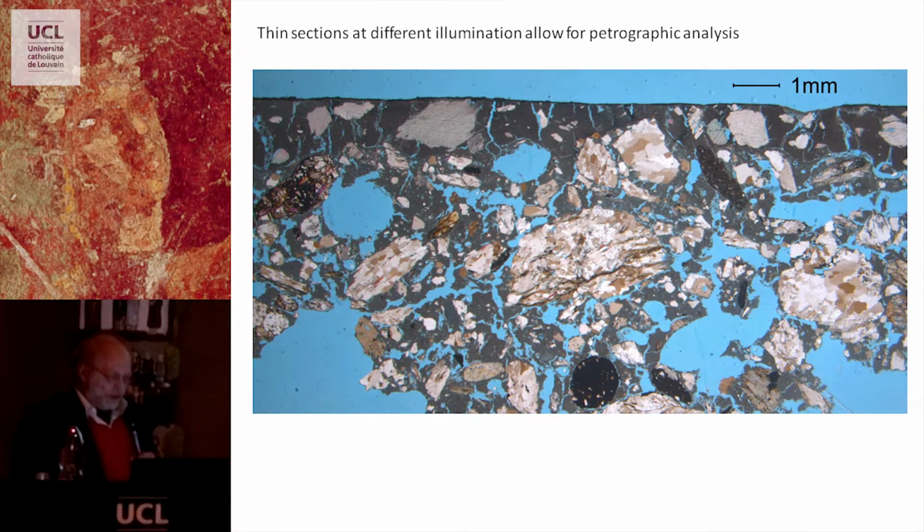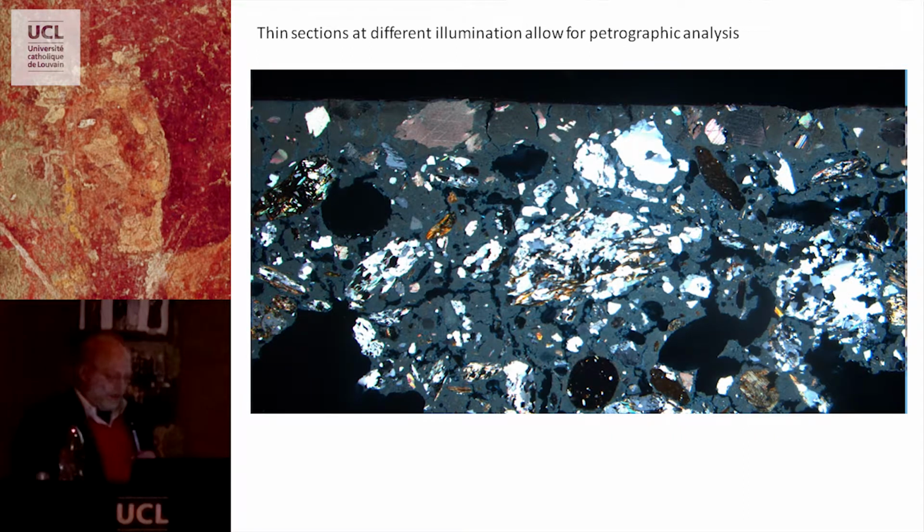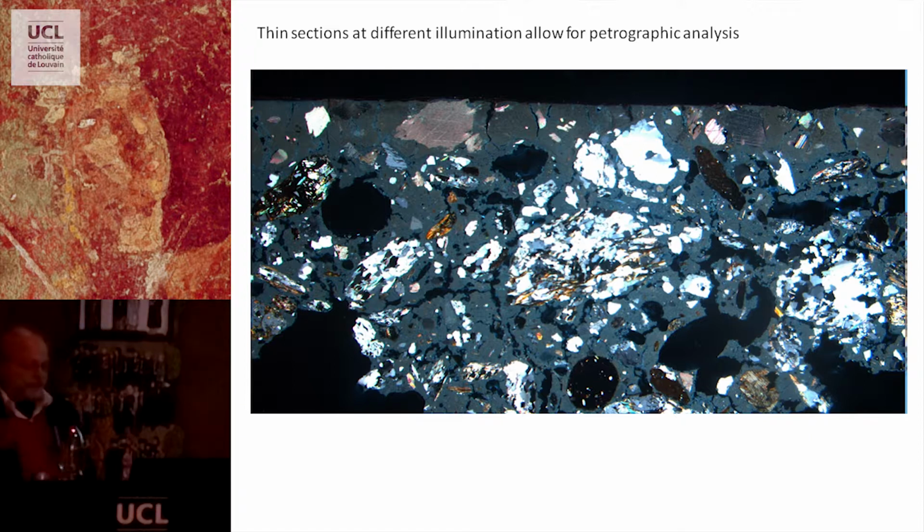So when we cross the polarizers, we can differentiate the big grains, is it marble, is it spathic calcite. I was very interested to hear that in some of your presentations you used spathic calcite, some of you marble.